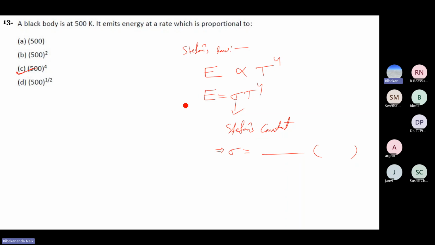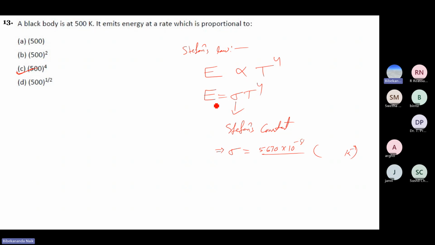So the value of Stefan's constant is 5.670 into 10 to the power minus 8. If you see here, it is T to the power 4. So when it goes to the left hand side, it will be to the power minus 4. So in unit, it will be Kelvin to the power minus 4.